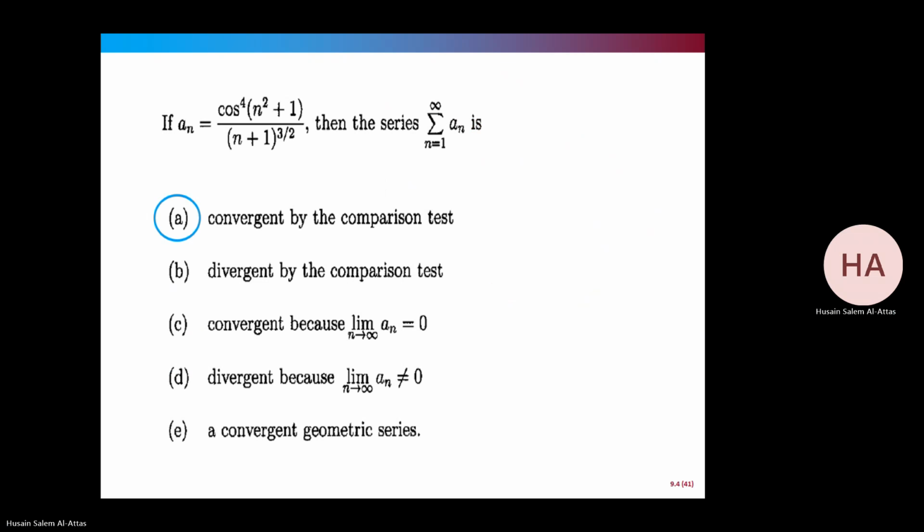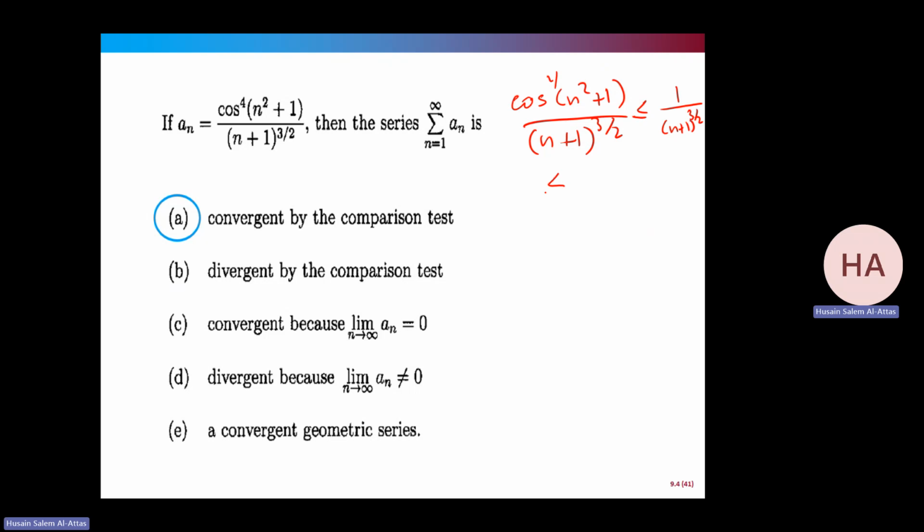This one, what will happen? I have cosine to the power 4 of n square plus 1 over n plus 1, all to the power 3 over 2. I don't care about the cosine. This will be less than or equal to 1 over n plus 1 to the power 3 over 2.